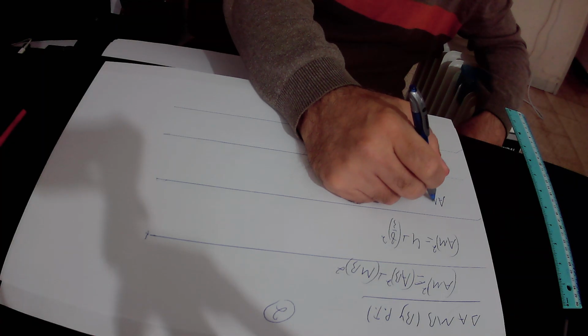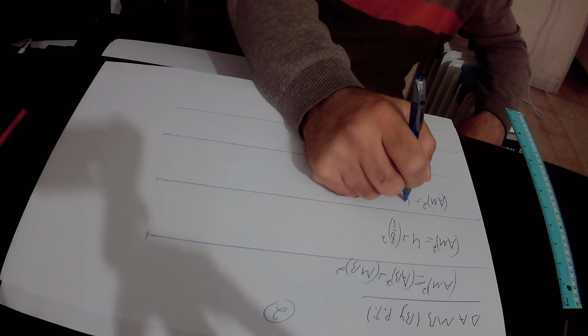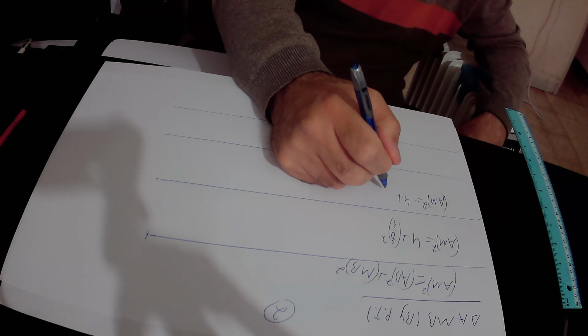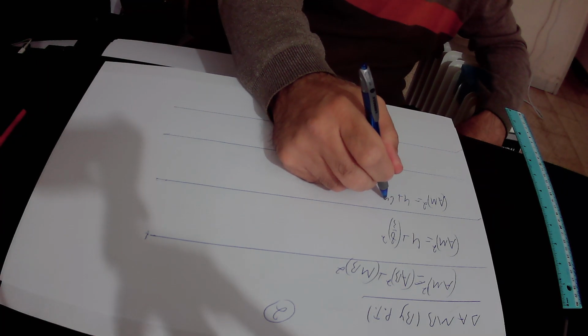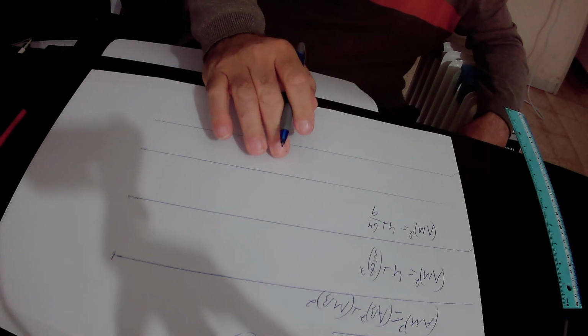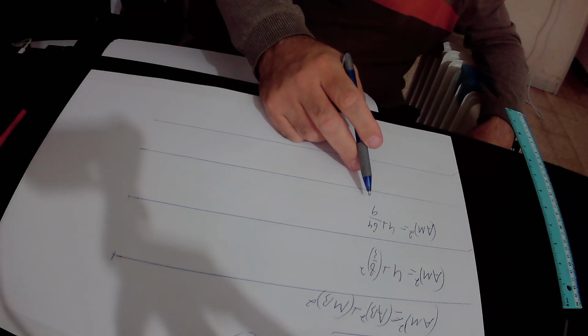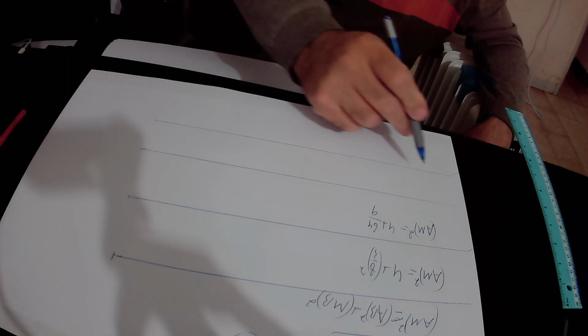So AM square equals 4 plus 8 square over 3 square, that is 64 over 9. Here we multiply 4 by 9 and then divide it by 9 in order to have a common factor of 9.